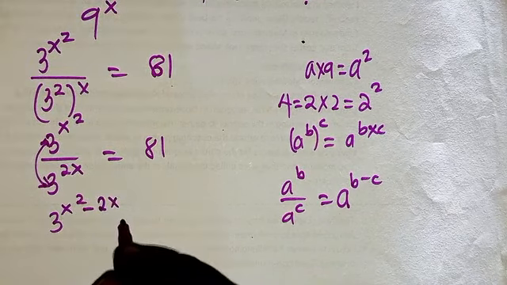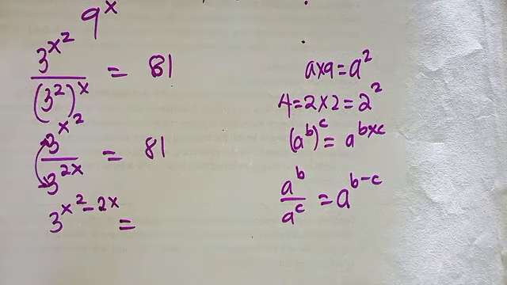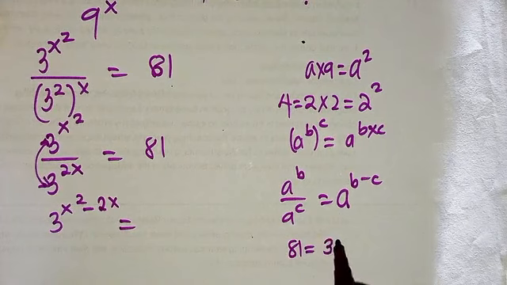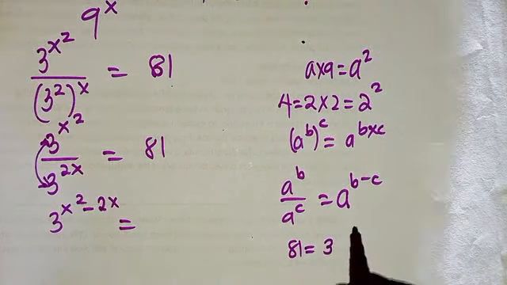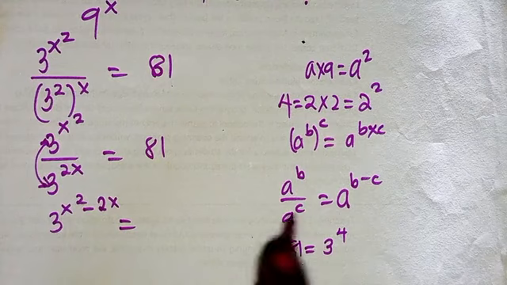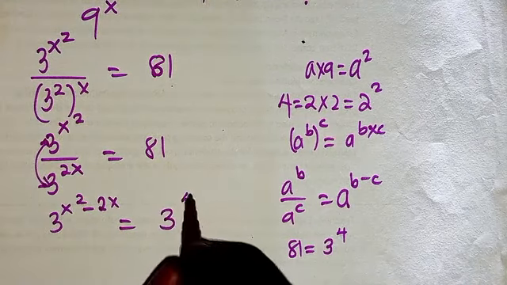Don't forget that this 81 can be 3 to power 4, that is when 3 multiplies itself 4 times, we get 81. So therefore this will be 3 to power 4.